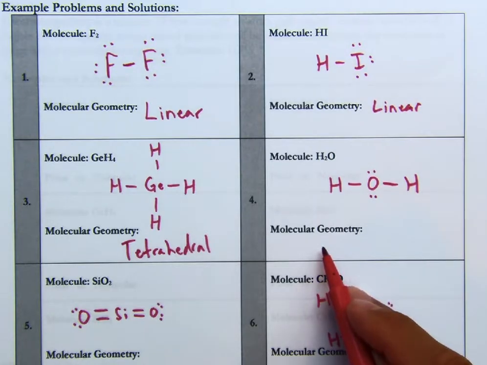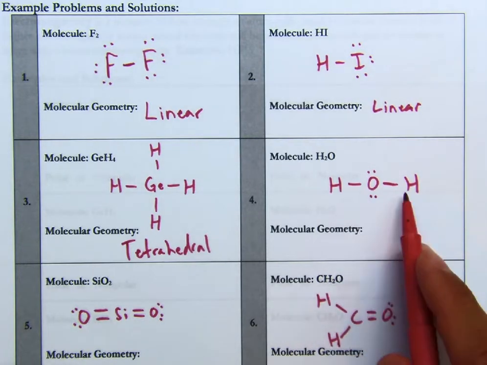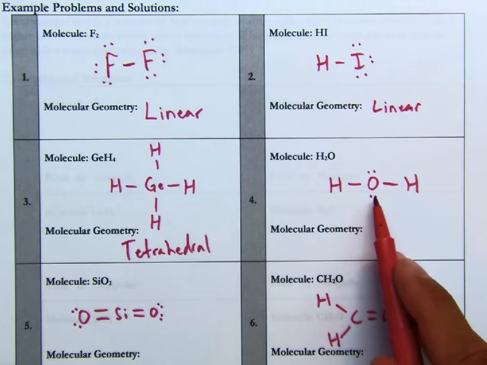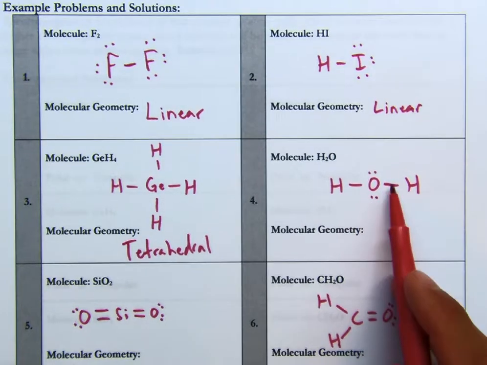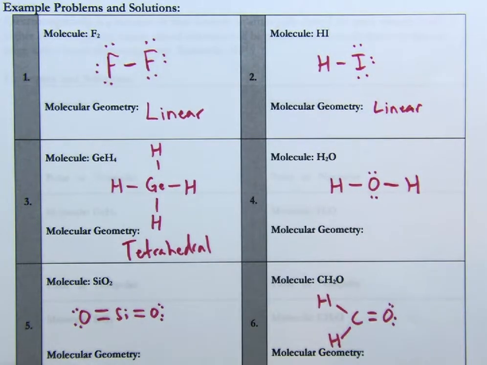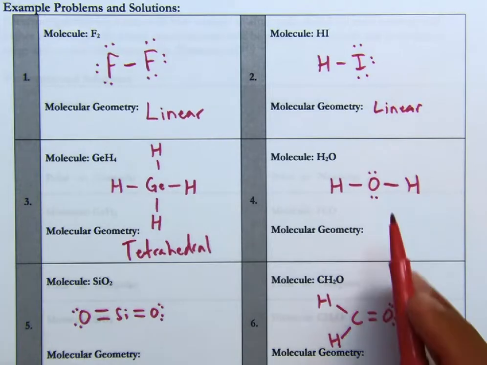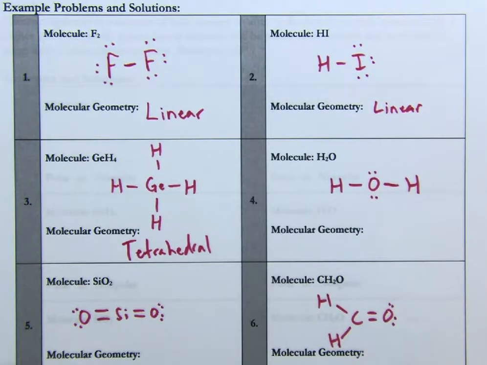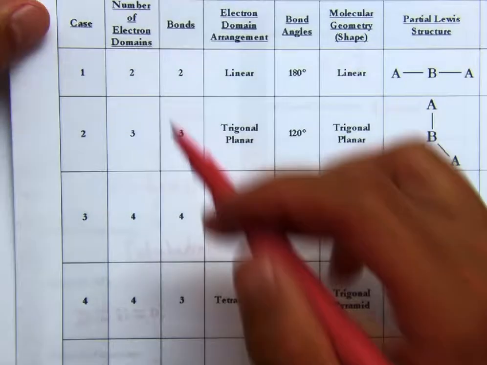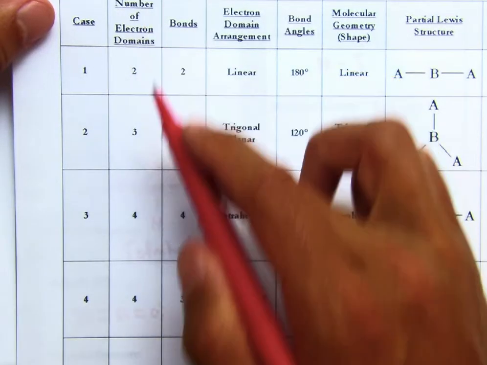For this one, I sort of intentionally drew it this way on the page, but if you look at the central atom, how many domains does it have? 1, 2, 3, 4 domains. Okay, it has 4 domains, and of those 4 domains, how many of them are bonding? 2 are bonding, 2 are lone pairs, 2 are non-bonding. So, looking at our chart, number of domains is 4.